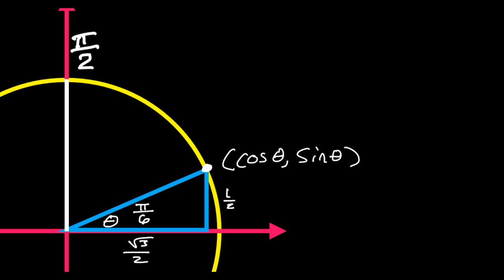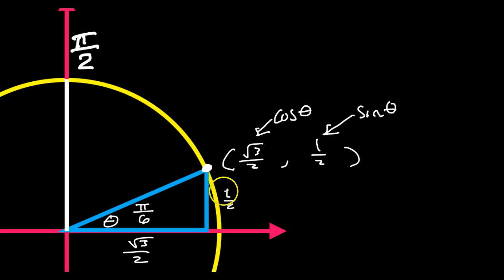So that meant that the coordinates of this point would be radical 3 over 2, comma 1/2. But that was the cosine, and this was the sine.